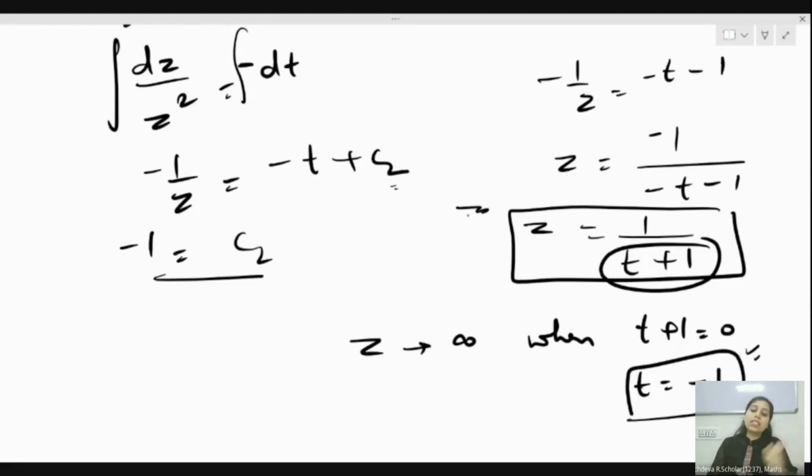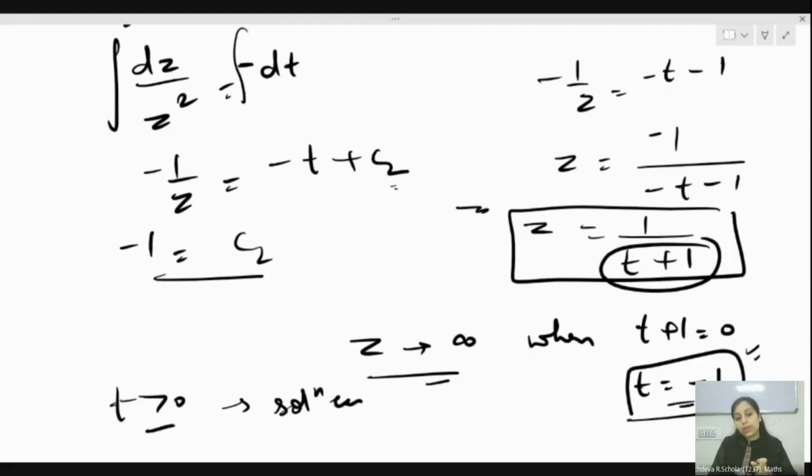So at t equal to minus 1, the solution does not exist. But except this point, the solution exists everywhere. So for t greater than 0, excluding this, the solution exists everywhere.